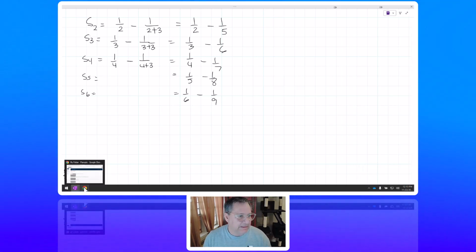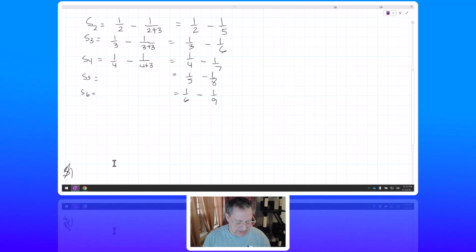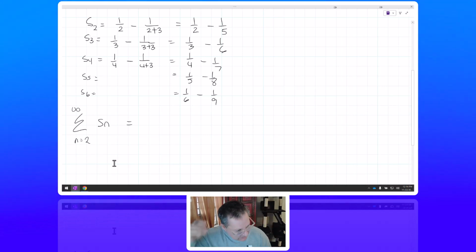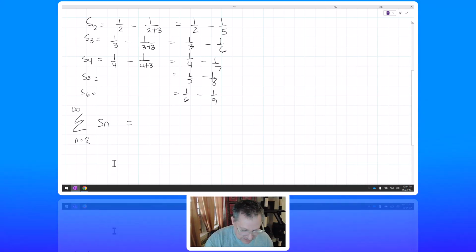So what we're going to do with this is look at the partial sums as we go through it. We're going to look at the series n equals 2 to infinity of those partial sums that we did. So that would actually just be a list.